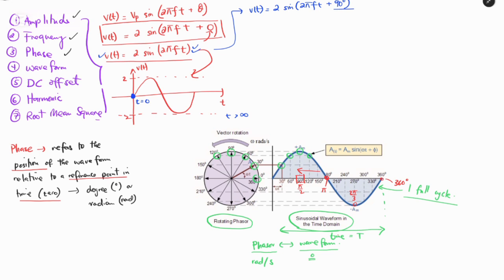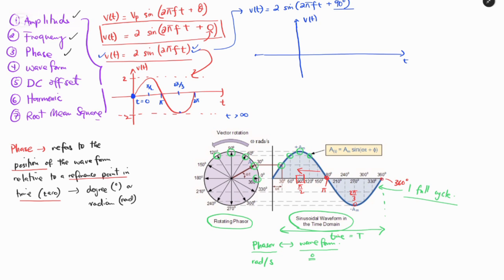Now, if we want to draw the waveform to show this comparison, we will have the same signal, V(t) versus time, and we know that this signal must shift by 90 degrees. From this figure, we can see that this point is pi, this point is 2 pi, this point here is pi on 2, and this point is 3 pi on 2.